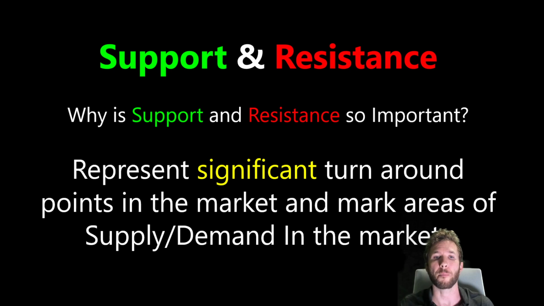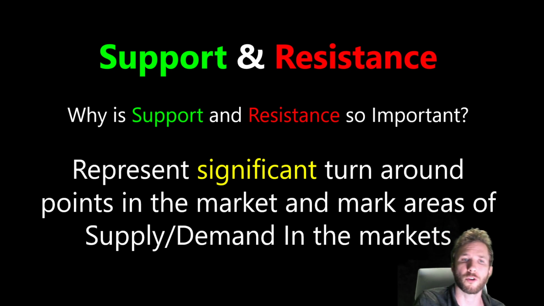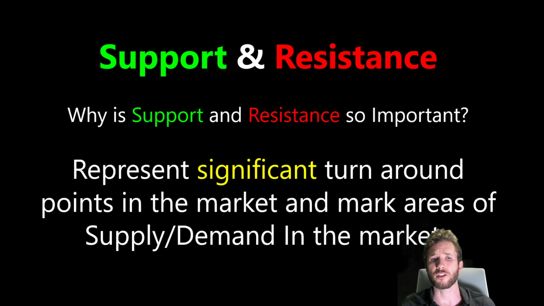It's a PowerPoint. So what are support and resistance, and why are they so important? For me, they represent significant turnaround points in the market, and also areas of supply and demand. I'll go through some of the psychology of how support and resistance works, but the most important thing is they represent demand and supply.